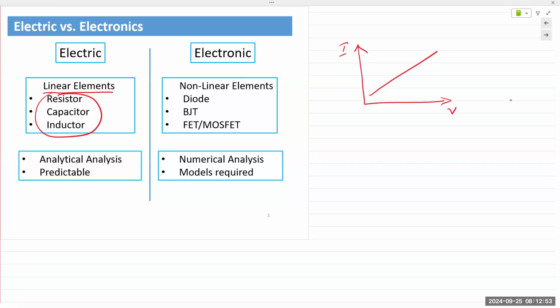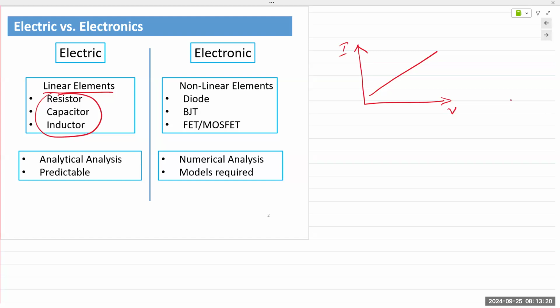For electronics, the electronic devices that we're going to look at, PN junctions, NPN transistors, PNP transistors, these are all nonlinear devices. Okay, the relationship between the voltage and the current is not linear anymore. So at any given point in time, depending on the value of the voltage or the current, the values would be very different.